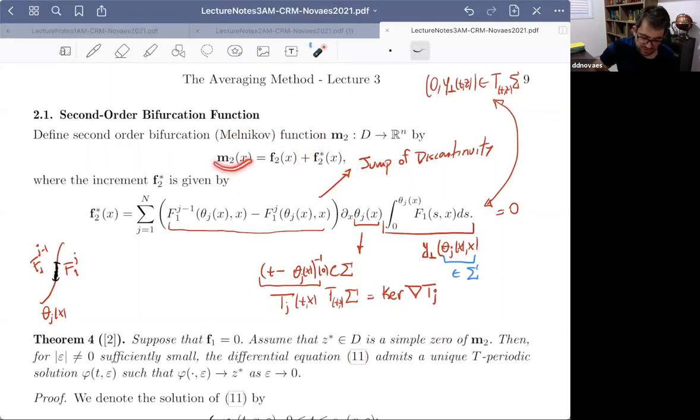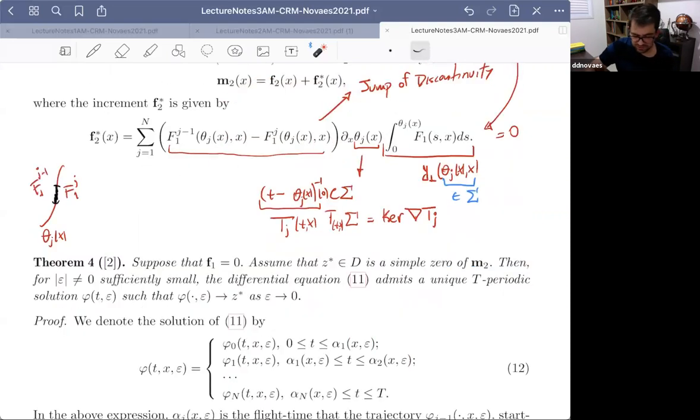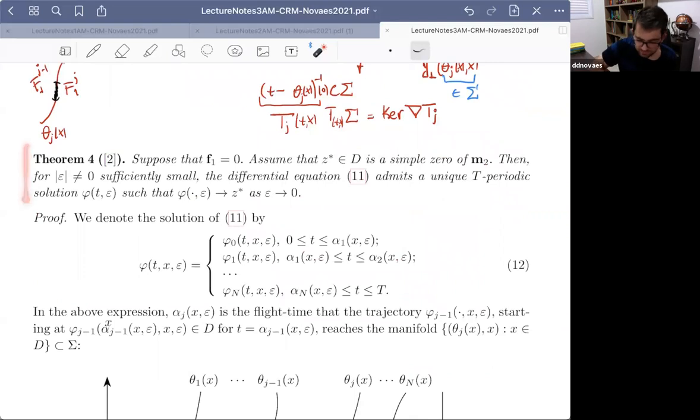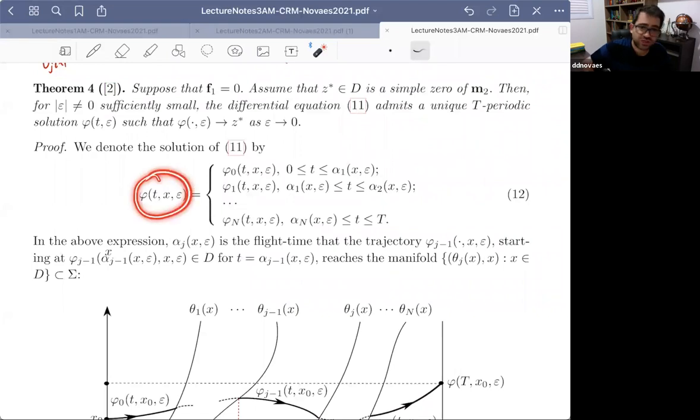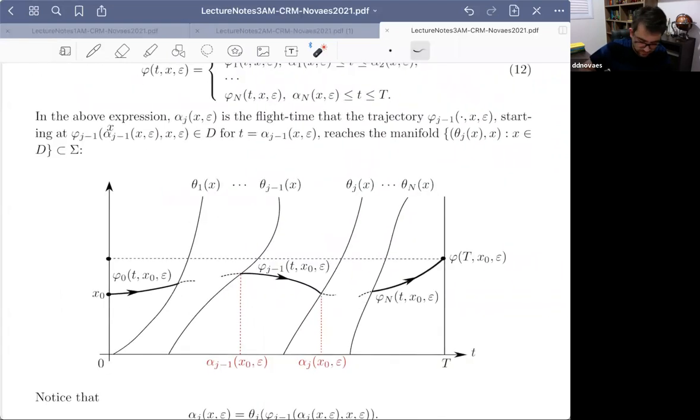Okay, so for this bifurcation function, we have the usual theorem. If we have a simple 0 of M2, then the difference equation 11 has a t-periodic solution converging to this 0. Okay, so in order to prove this theorem, what we have to do is study the trajectory of the Filippov system.